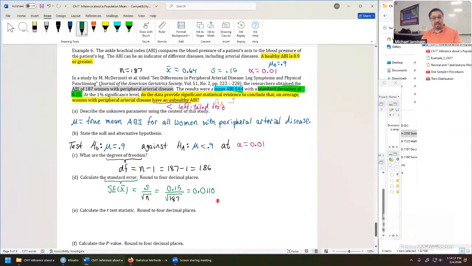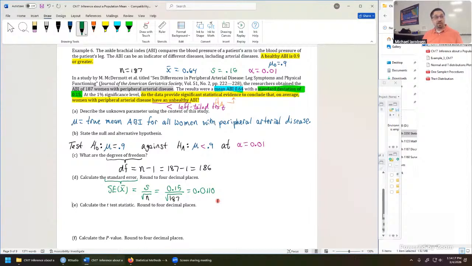So now that we've got the standard error, we move on to the next formula, the test statistic T. Any questions on either of these values so far? Okay, so for the test statistic, what we're now putting together is this formula.